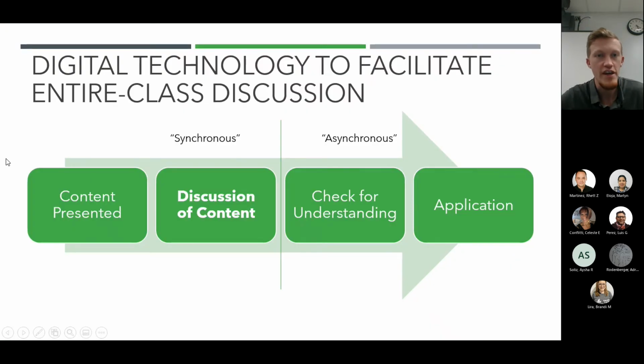All right, so here is what I mean when I say the model that we had during our virtual lesson plans or our virtual time. There was the synchronous and asynchronous. And so we can use digital technology to facilitate what I want to call an entire class discussion.